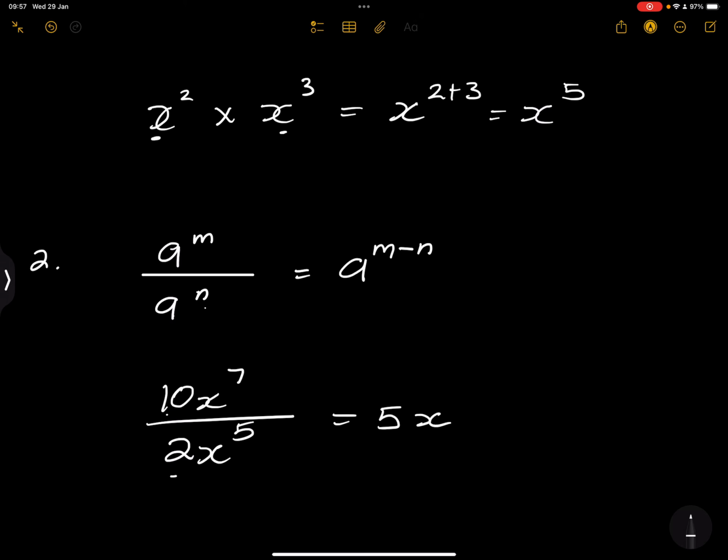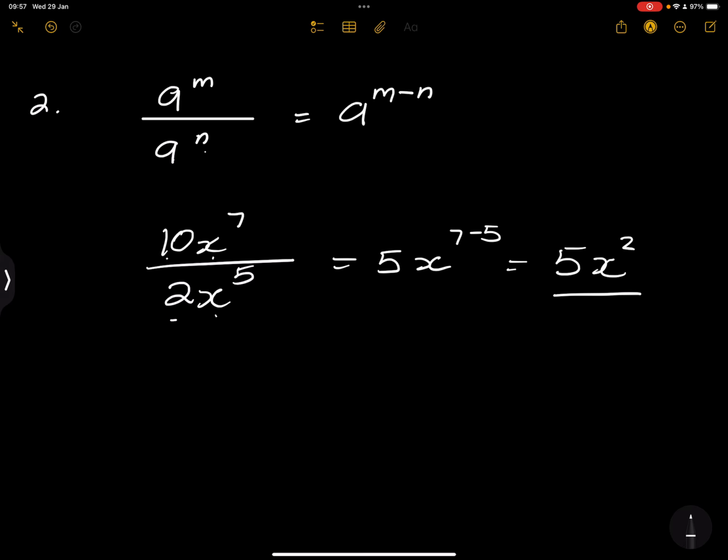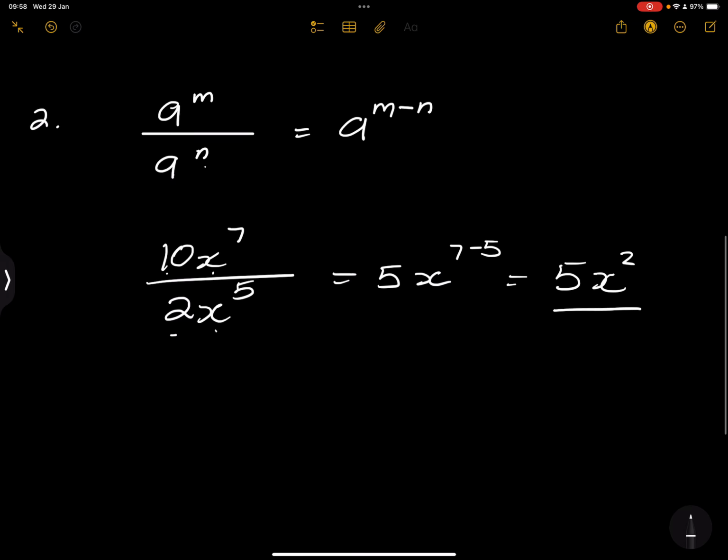And in this case, again, bases are the same. That's x and x. So we keep the base. But what do we do to the exponent? We subtract. So that will be 7 minus 5. And so this will give us 5x squared. Okay, that's our final answer. So remember, whenever we've got similar bases and we're dividing, we keep the base and we subtract the exponent.